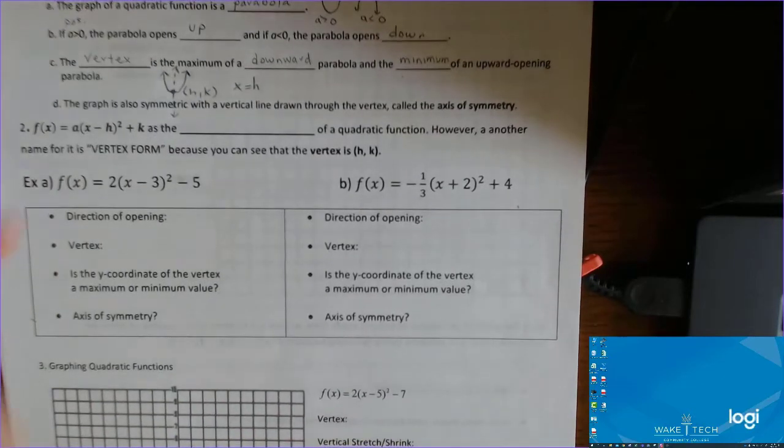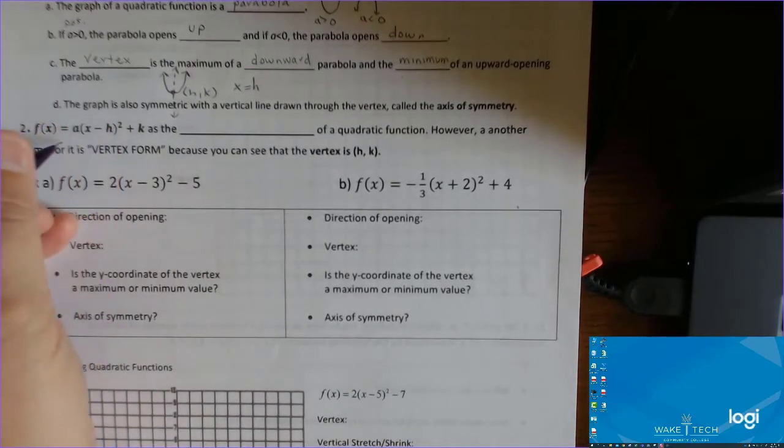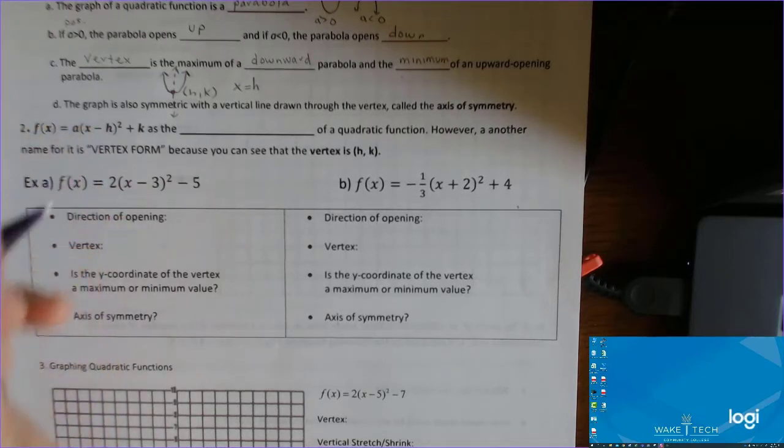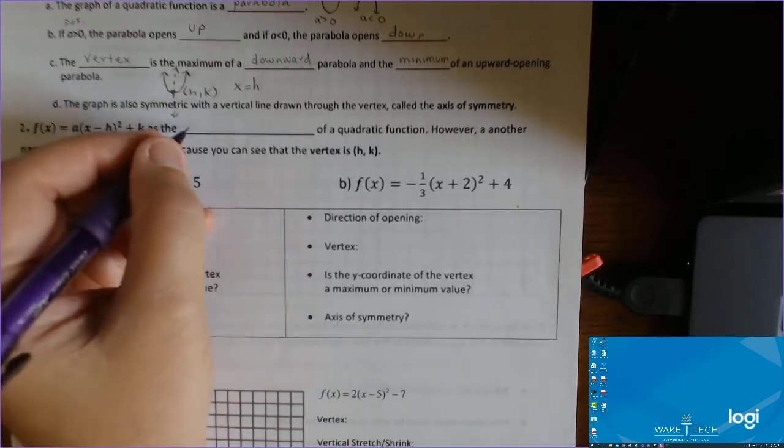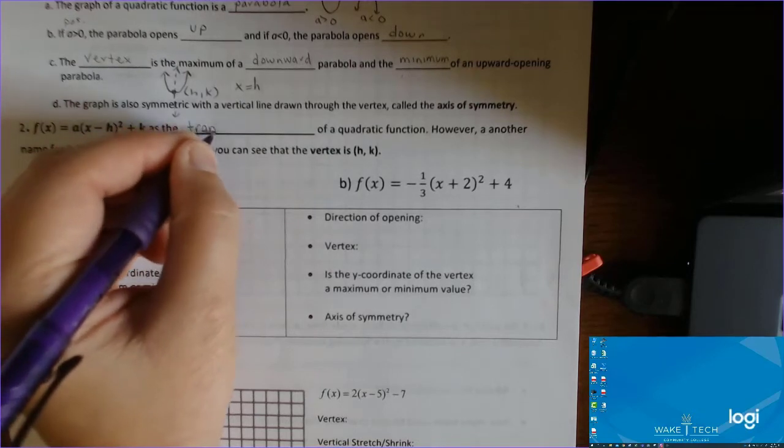f of x equals a times x minus h quantity squared plus k is a big deal. This is called the transformation form.